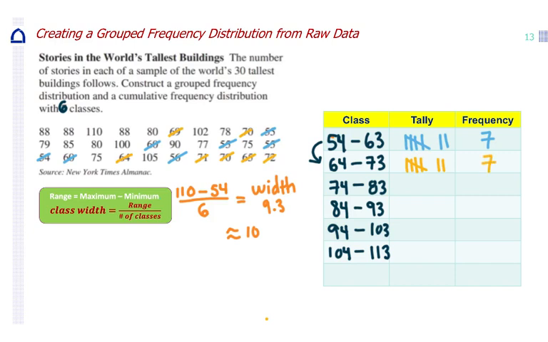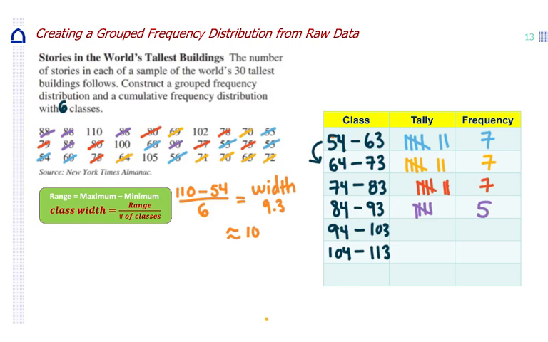In the third row, 74 to 83, I counted 5 data points. In the next row, 84 to 93, I counted 5 data points, but when I was doing that, I realized I missed some in the previous row. I missed these 2. So I'm going to change this to also be 7. Don't worry, we will check at the end and make sure we didn't miss anything.